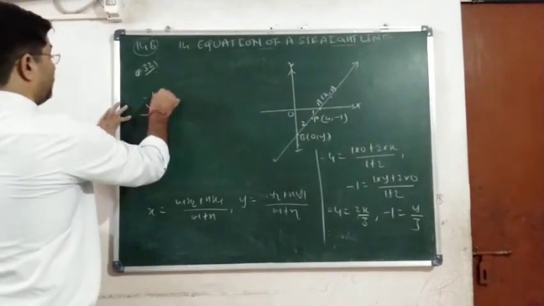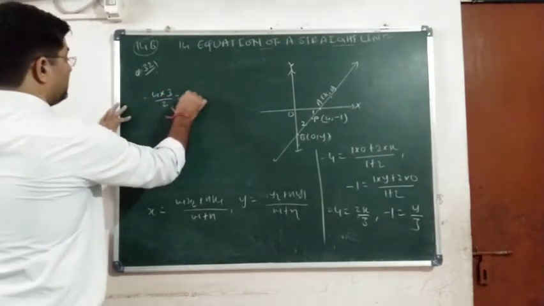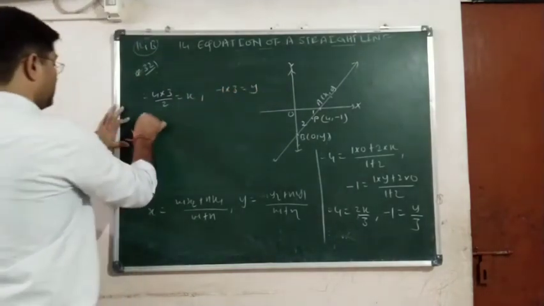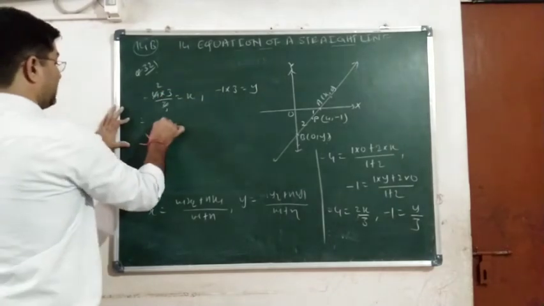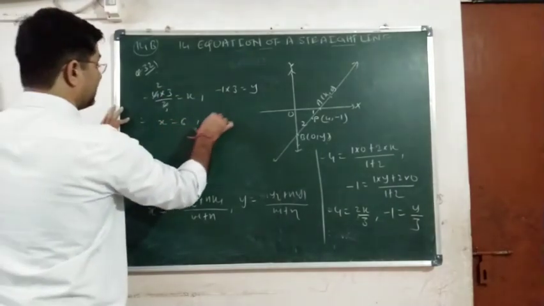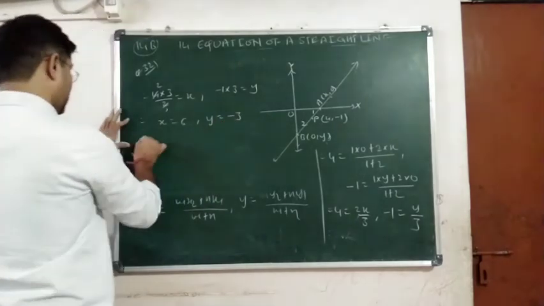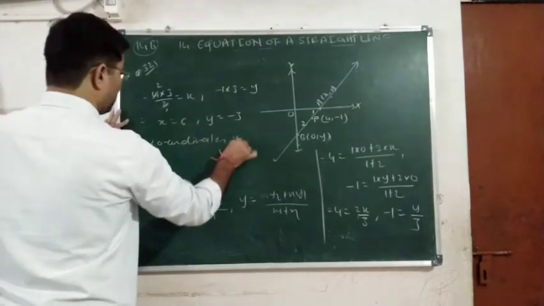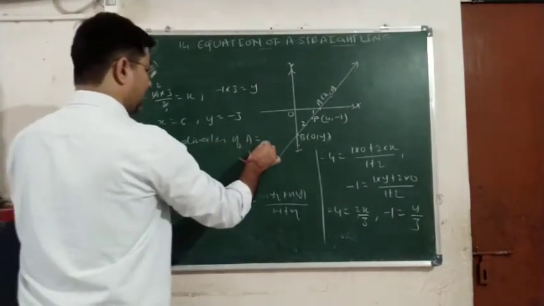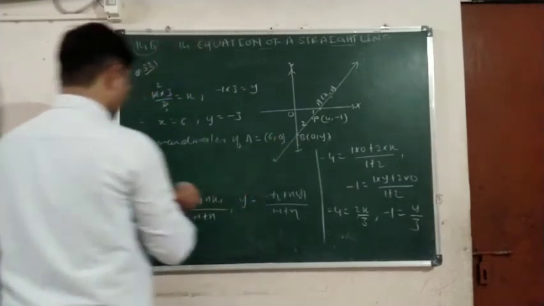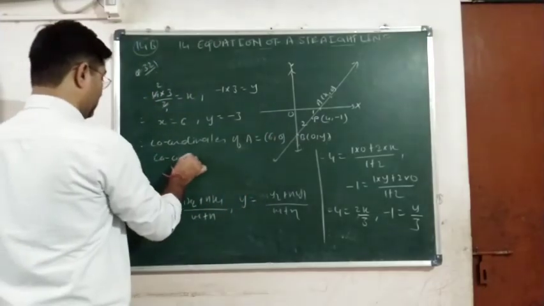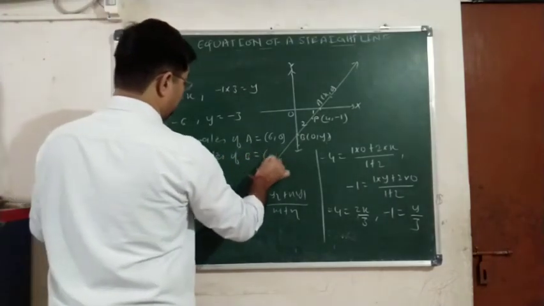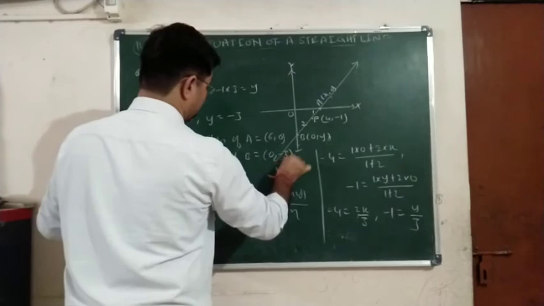Therefore 4 into 3 upon 2 is equal to x and minus 1 into 3 is equal to y. Therefore x is equal to 6 and y is equal to minus 3, and therefore coordinates of A are 6, 0 and coordinates of B are 0, minus 3.